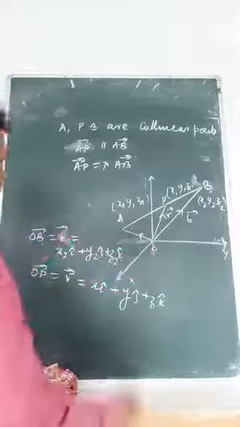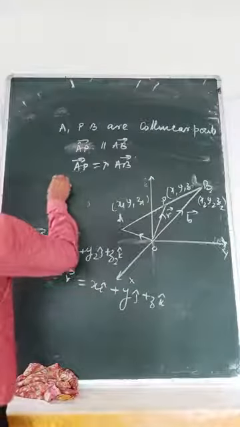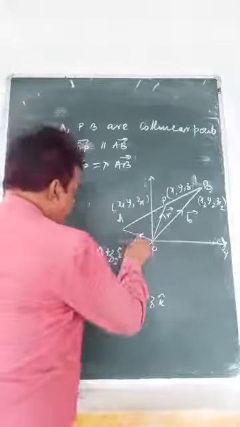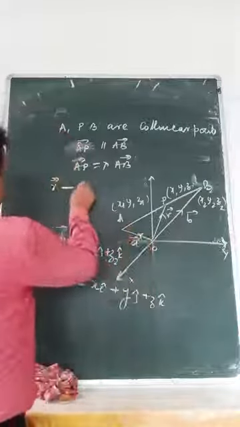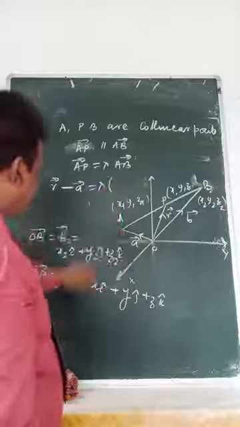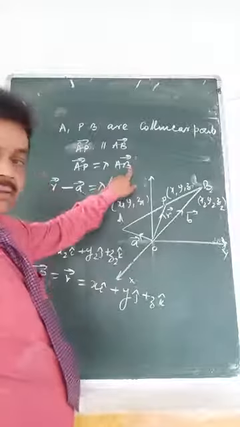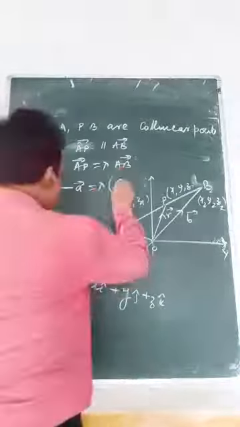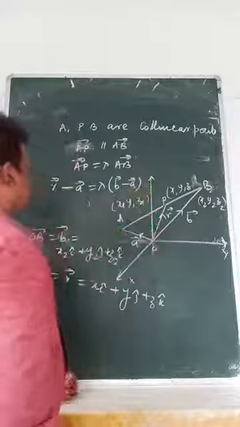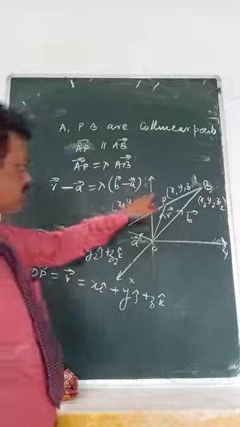Directly can write R minus A, the position vector of point A is A. So R minus A is lambda times AB vector. Terminal minus initial means B vector minus A vector. Possible?